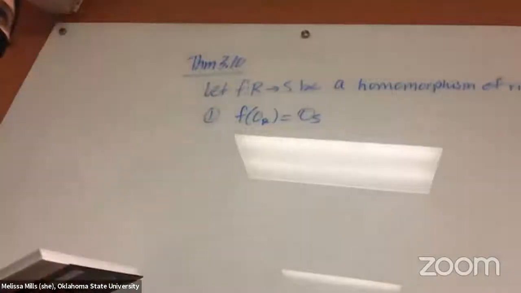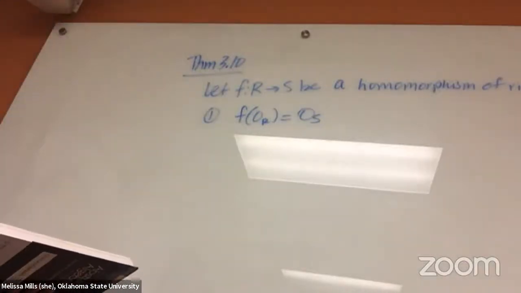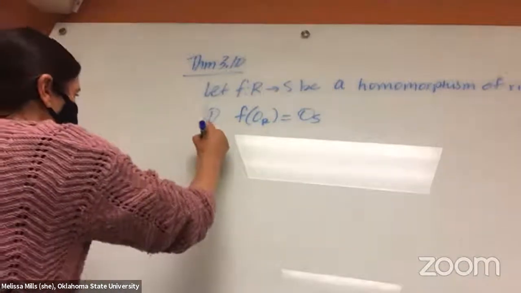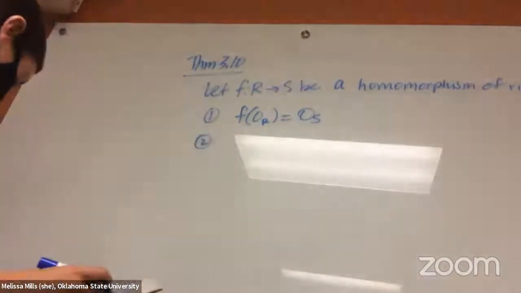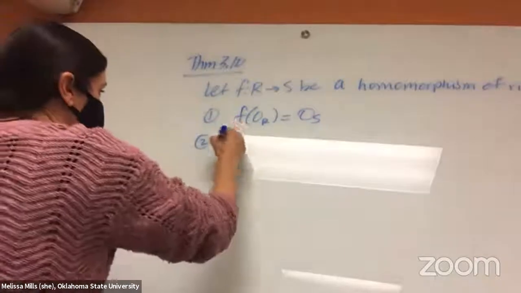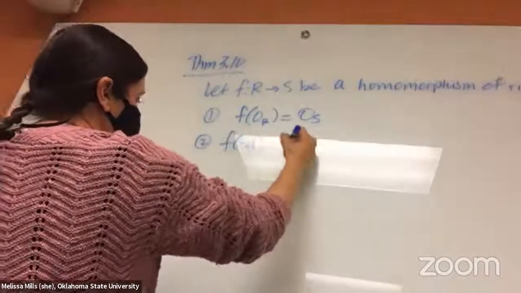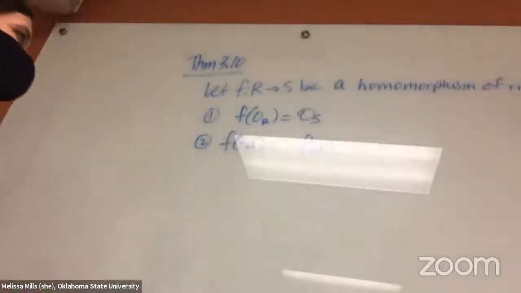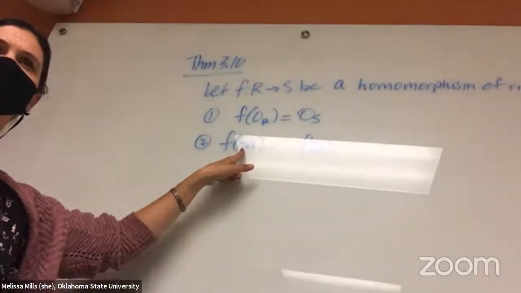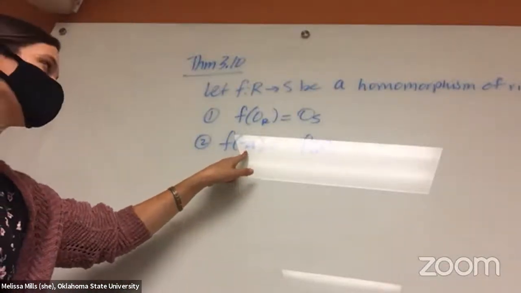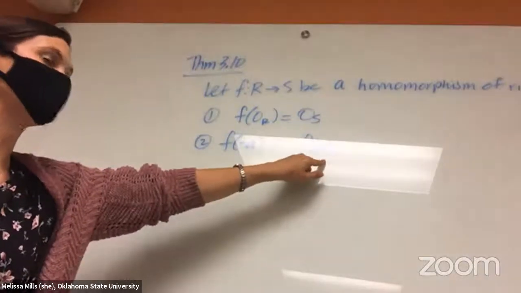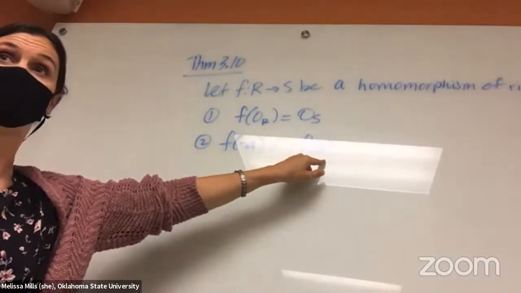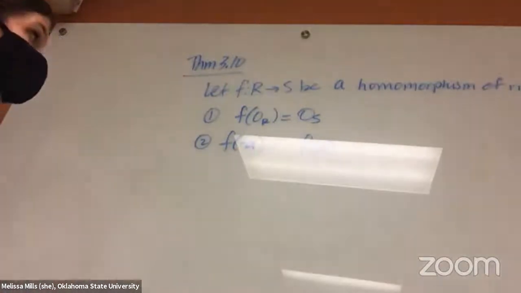And we saw that in examples, didn't we? We know 0 has got to map to 0 or everything's going to break. What's the second one? f of negative a is going to map to negative f of a. And by negative, I mean the additive inverse, right? So if this is the additive inverse of a, then f of negative a is the additive inverse of f of a.